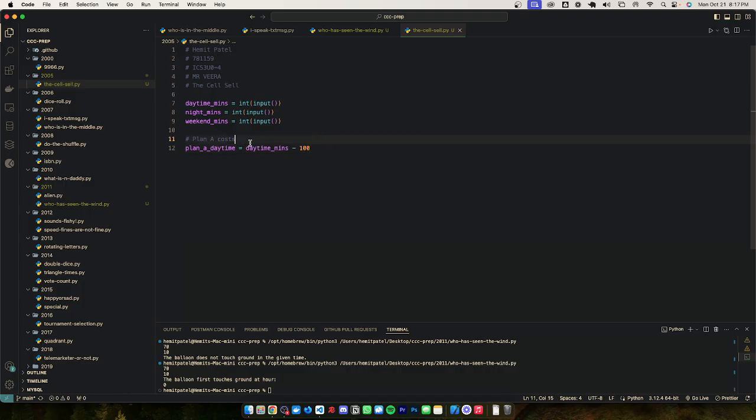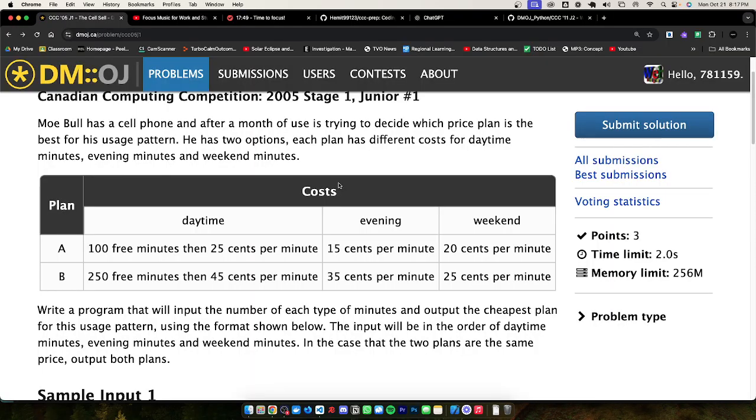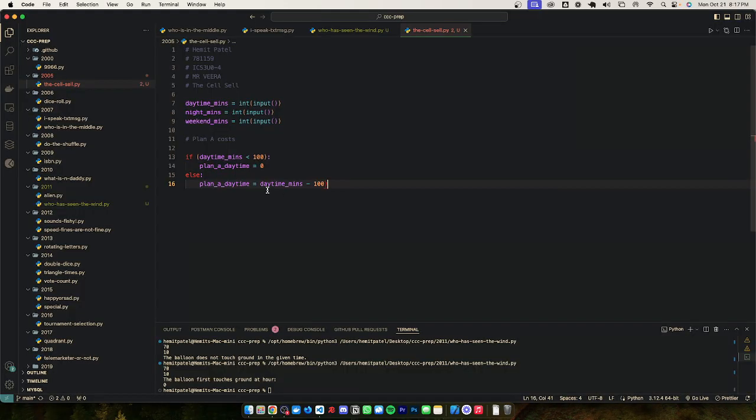So here, all I'm going to say is if daytime minutes is less than 100, then plan A will be 0 because it's going to be free because it's under 100. Otherwise, it's going to be plan A, and it's going to be daytime minutes minus 100, right?